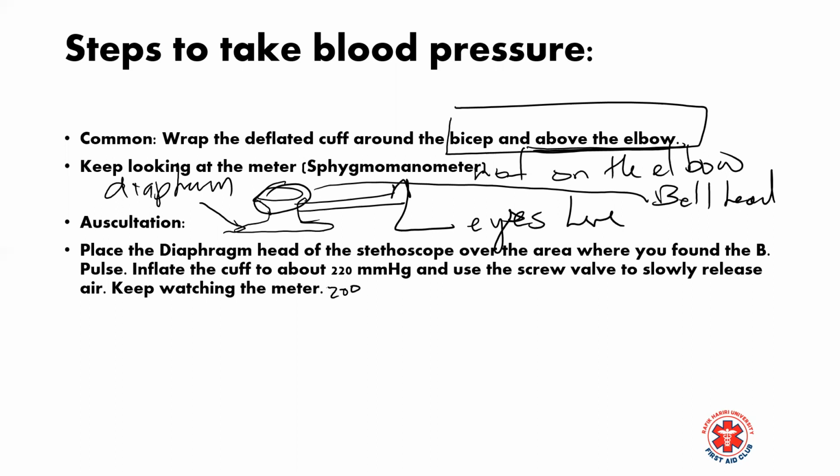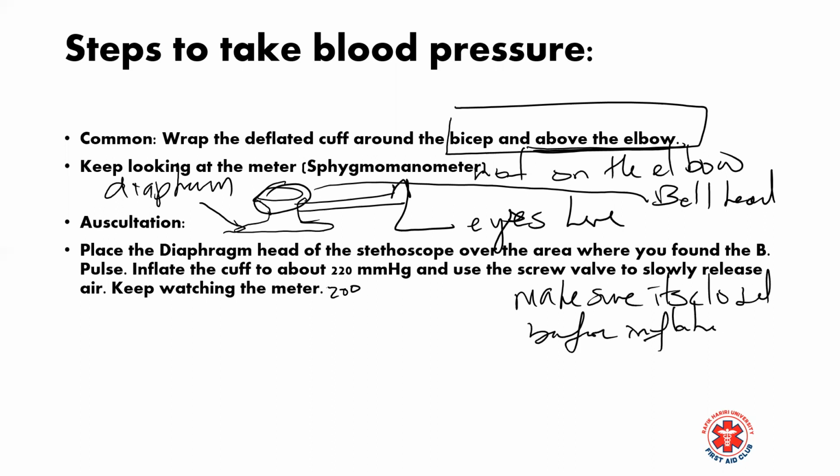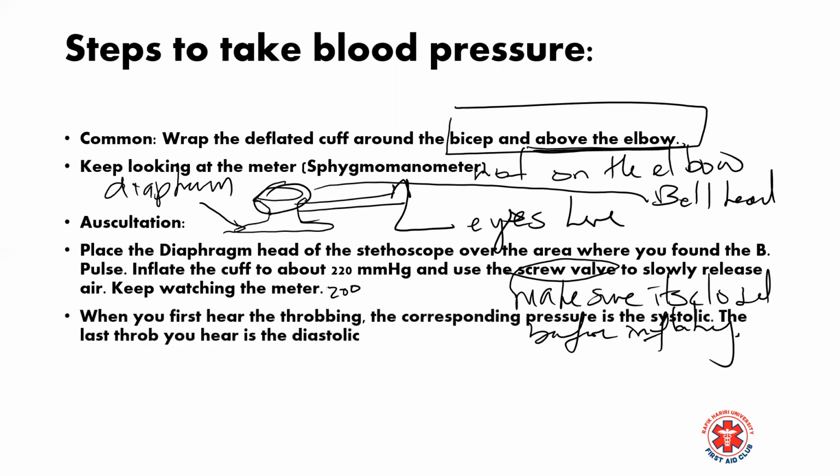But first I need to make sure it's closed before inflating, or else the air will just keep on running out of it. And I'm going to start watching the meter. When I first hear the throb starting, that corresponds to the systolic blood pressure. The last throb I hear is the diastolic blood pressure.